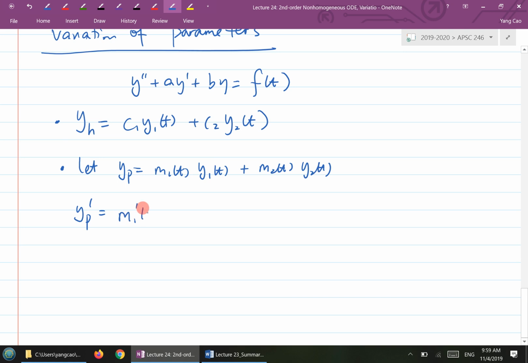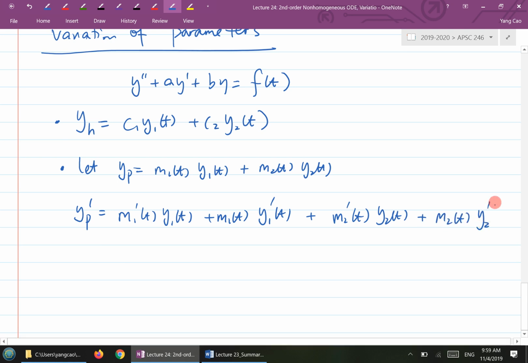So M1 prime of t times y1 of t, plus M1 of t times y1 prime of t, plus M2 prime of t times y2 of t, plus M2 of t times y2 prime of t. So that's yp prime, with two product rules, one for each term.